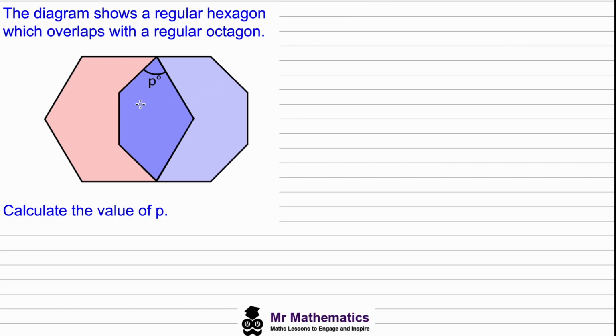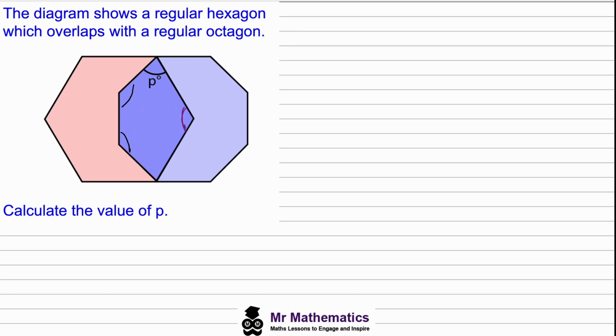So the first thing we need to do is realize that each of these two angles are the same, because they are both the interior angle of this regular octagon. We can also see that this angle is an angle in a regular hexagon. So what we need to do is work out these three first.